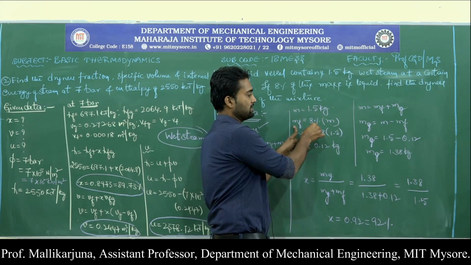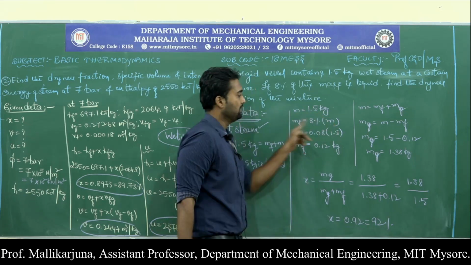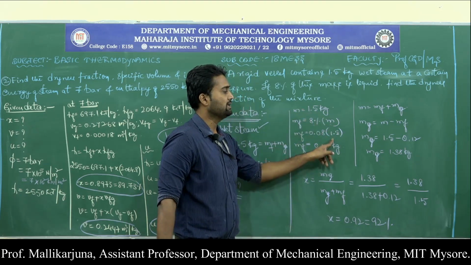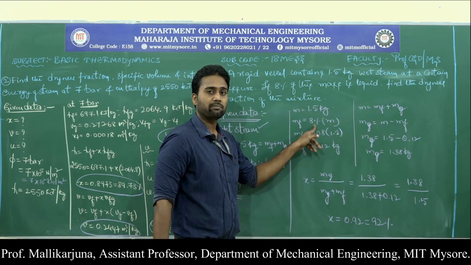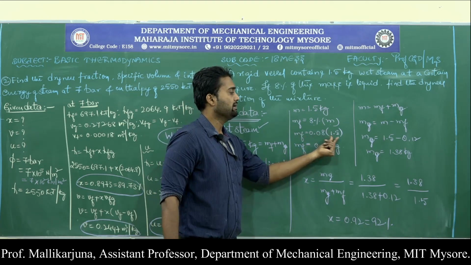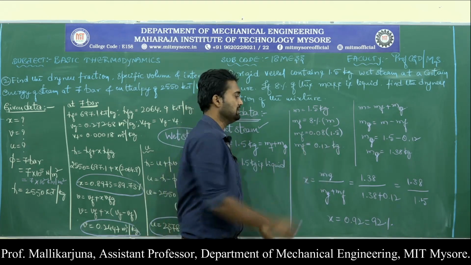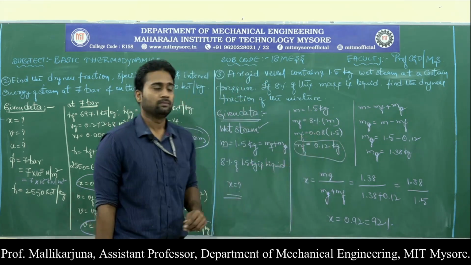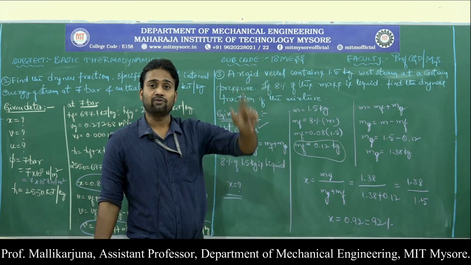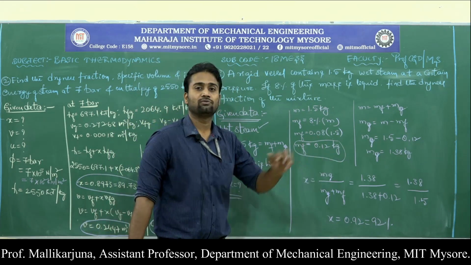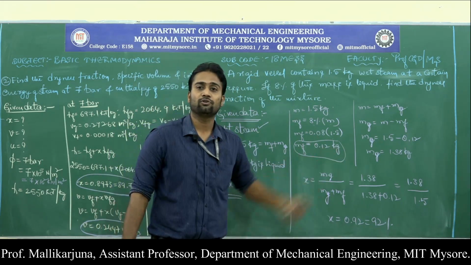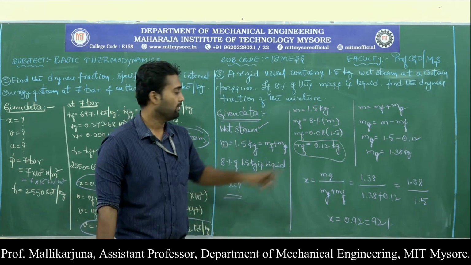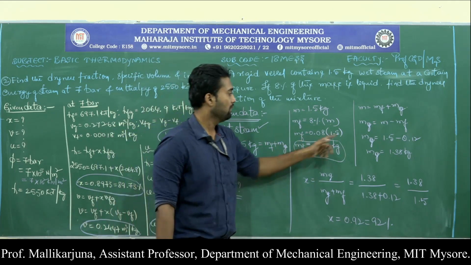Now, we are aware of mass 1.5 kg, 8%, 8 divided by 100, 0.08 times 1.5, so that you will easily get the value of mass of the fluid. Among 1.5 kg wet steam, this many kg of fluid is present. So mass of the liquid is very clear to us now.